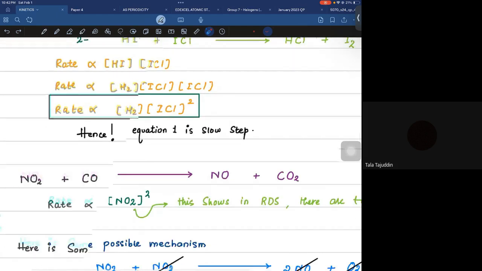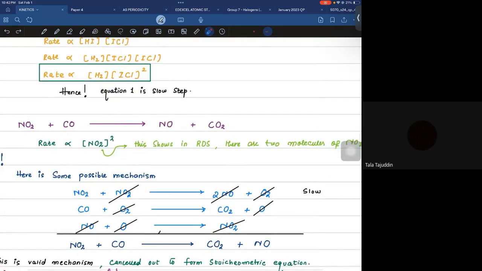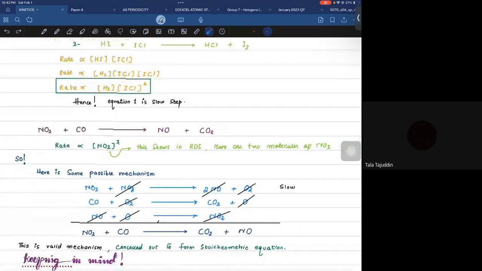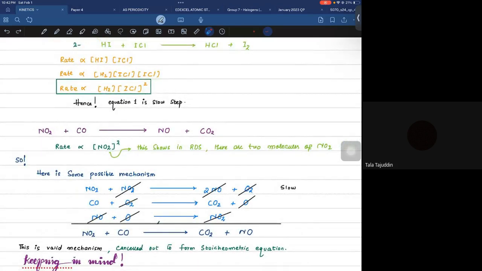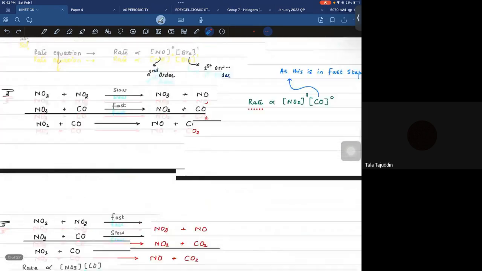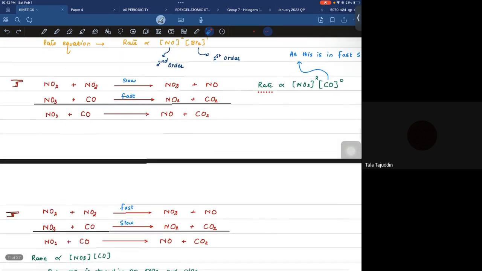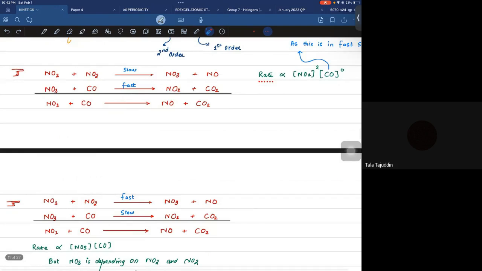Now see this. You can also do in two steps. See this? We did in two steps. You can see this.